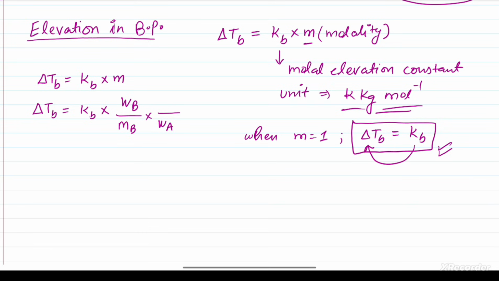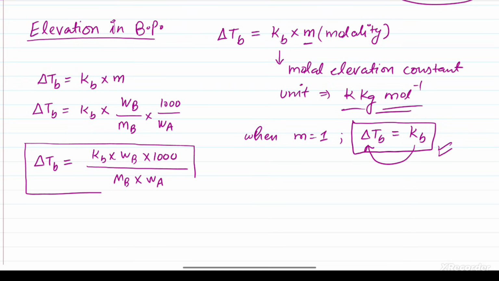So you have to divide it by 1000, so 1000 will go in the numerator. So the formula will be delta Tb is equal to Kb into WB into 1000 divided by MB into WA.